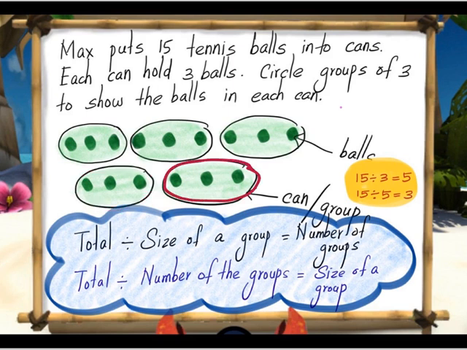And this is the last one, a group of 3, and that is also a can. What I understood from this diagram is that I have 5 cans. So 1, 2, 3, 4, 5. And the size of each can is 3.